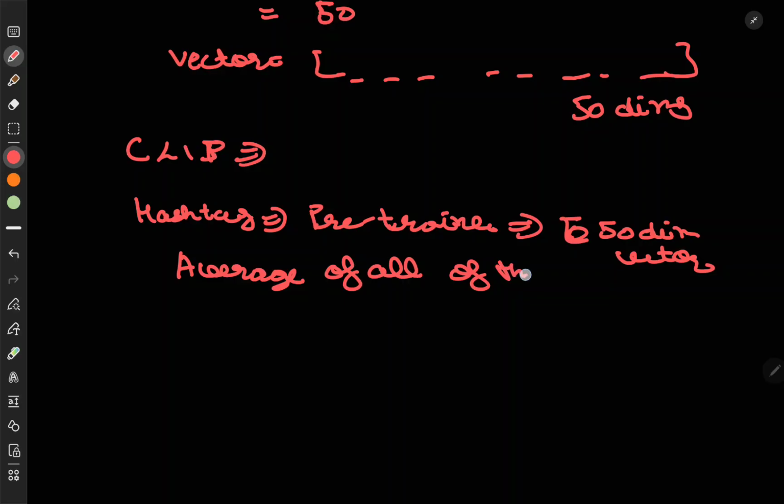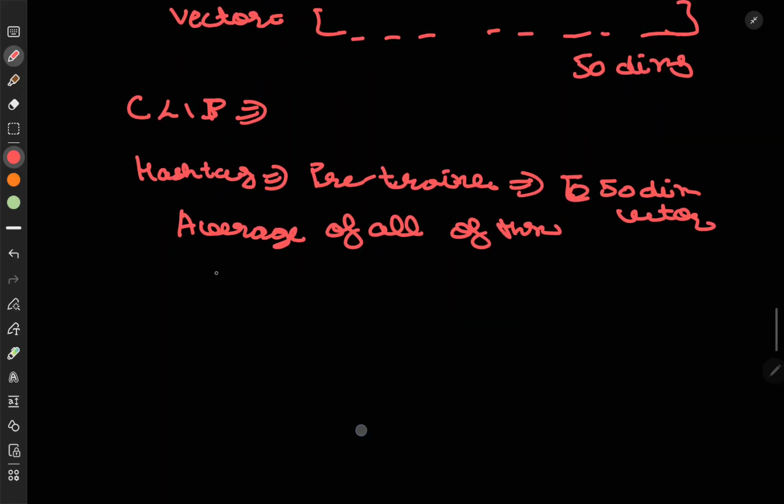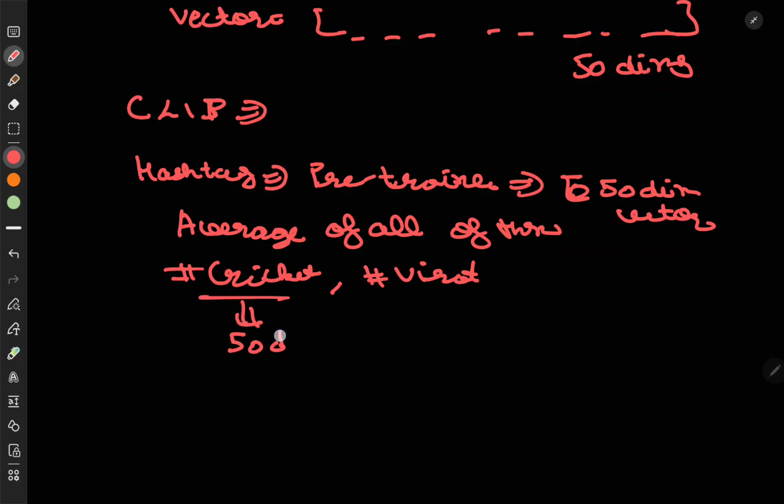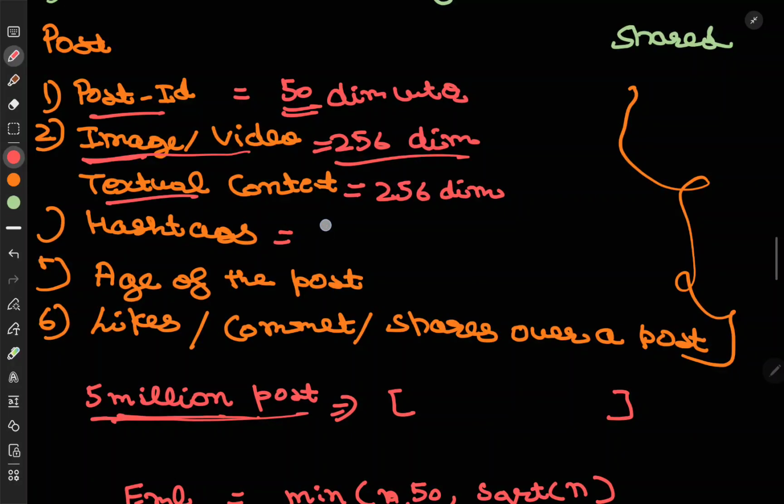For example, there are multiple hashtags like cricket, hashtag Virat Kohli, something like that. All of them could be passed, and each will generate an embedding of 50 dim. We can take the average of all of them, which will represent all the hashtags. So here we can represent it using a 50 dim vector.